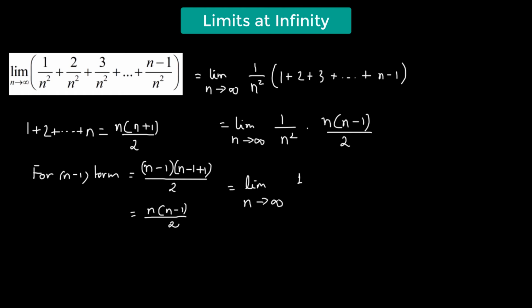So that is going to give us 1 into (1 minus 1 over n) divided by 2. Now we're going to substitute for the value of n. So that will be equal to 1 times (1 minus 0) divided by 2. So we get the limiting value of half.